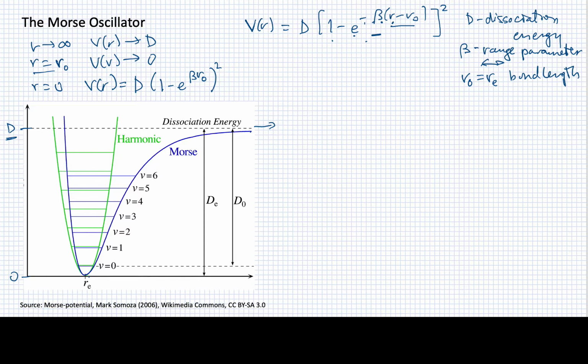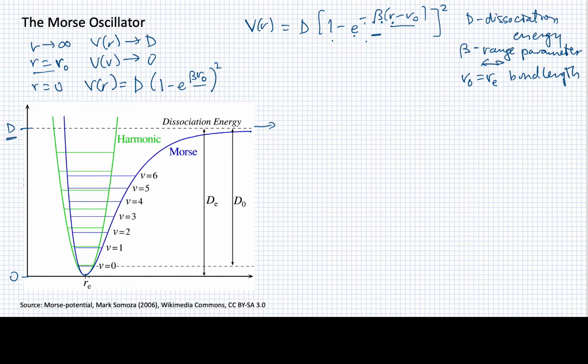It's probably something quite large, because e to the beta r0 will be a positive and large number, and even though it has a minus sign, when we square it we'll get the large number squared, but it won't be infinity. And so this is a way in which the Morse potential is perhaps not physical. We would expect that to go to a much higher value.